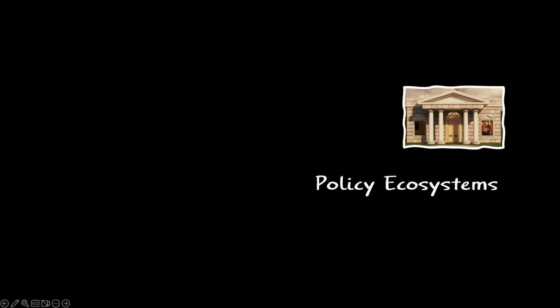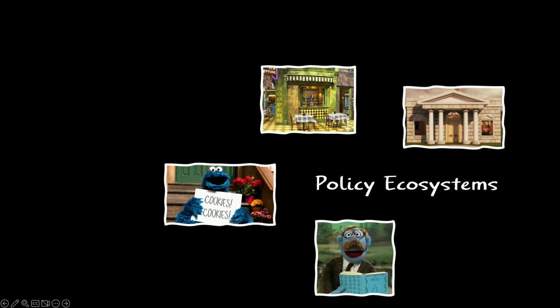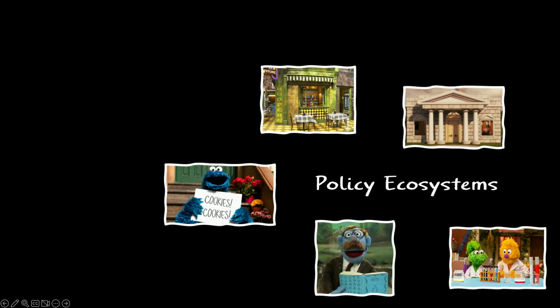Policy ecosystems are basically a way of thinking about policy in its totality. So not just as the emission of policy from governmental entities, but also the ways in which businesses are involved, communities through things like activism, bureaucratic structures, and of course, academia and scientific research as well, all of which contribute to how we think about the development of policy.